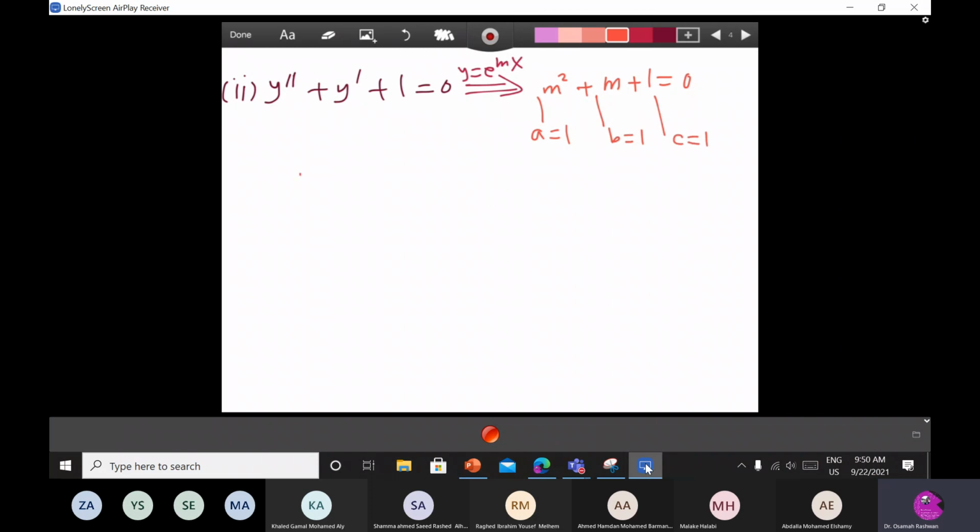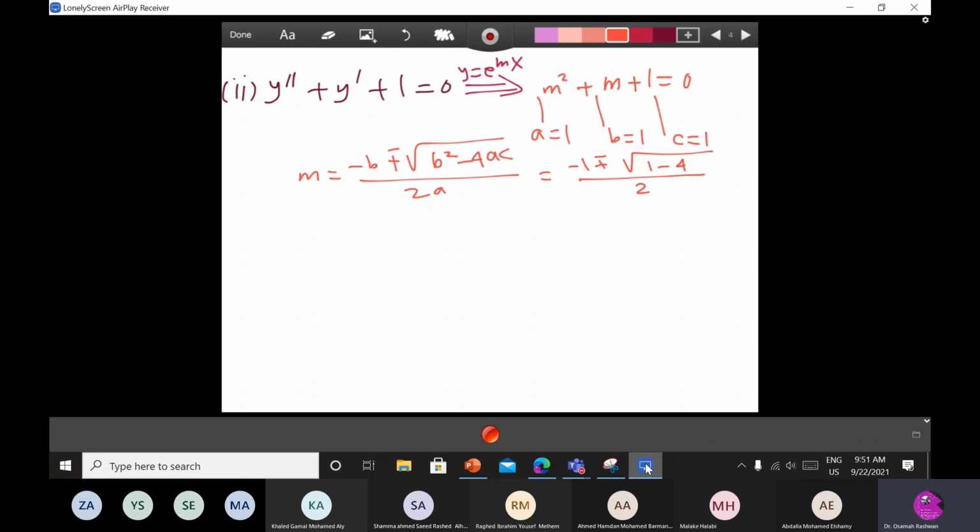So I will have m equal to minus b plus or minus root of b squared minus 4ac over 2a. If you have your calculator and you can do it, that's fine. So minus 1 plus or minus root of minus 1 squared minus 4 times 1 times 1, over 2a which is 2.